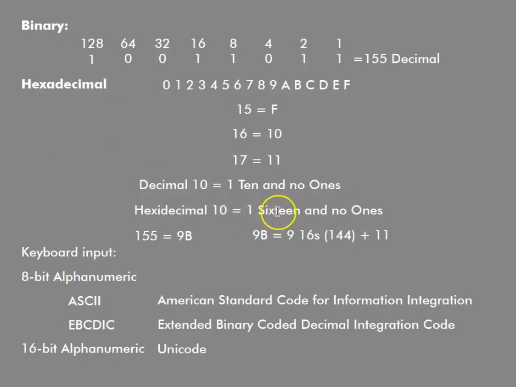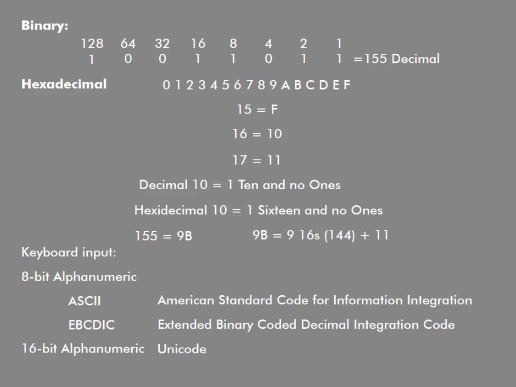Hexadecimal 10 equals 1 sixteen and no ones. 155 in hexadecimal would be 9B. That's 9 times 16, which is 144, plus 11, B.